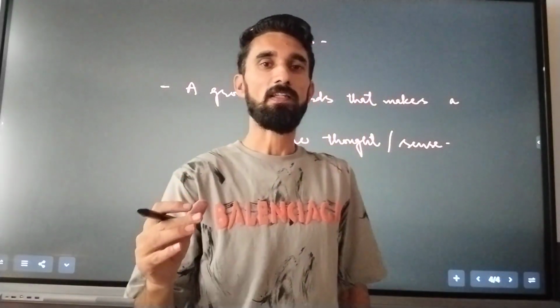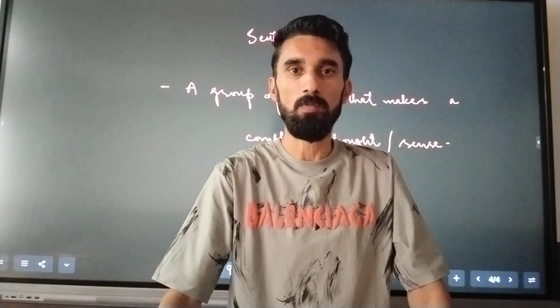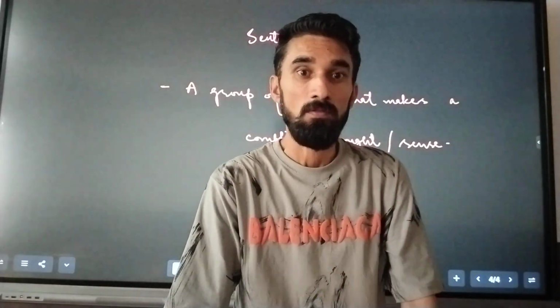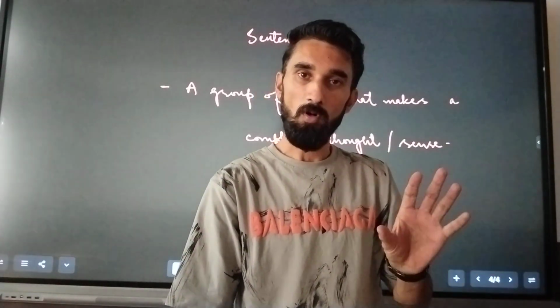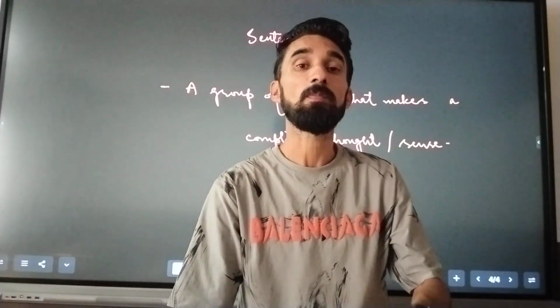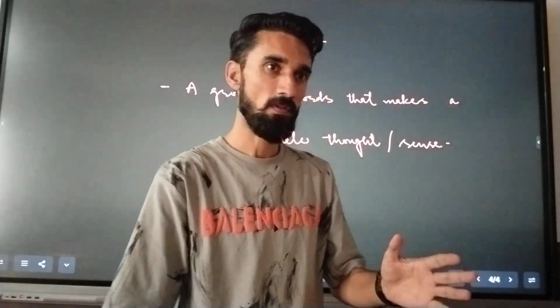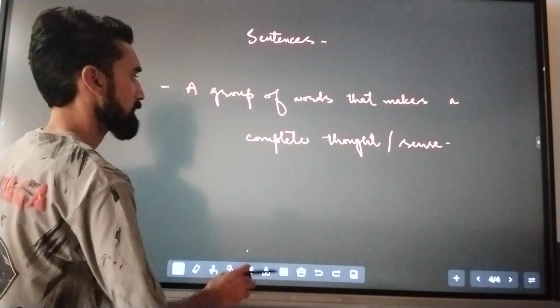This is how you define a sentence. A sentence is a group of words which has a proper sense and has a proper meaning and conveys a proper message to the one you are talking to. Okay, that is what we call a sentence.